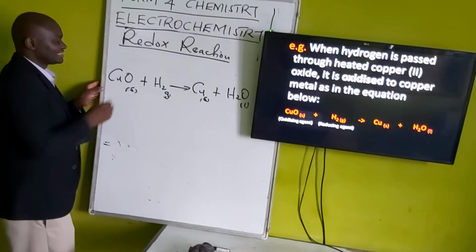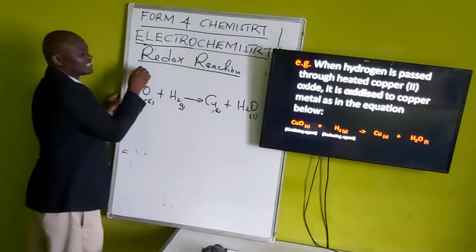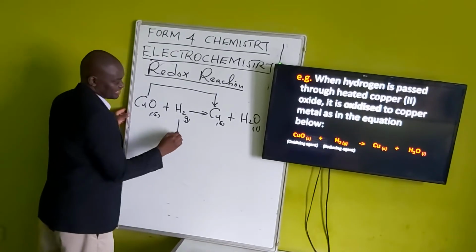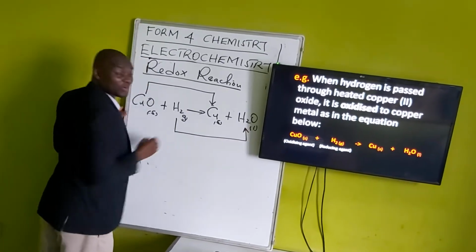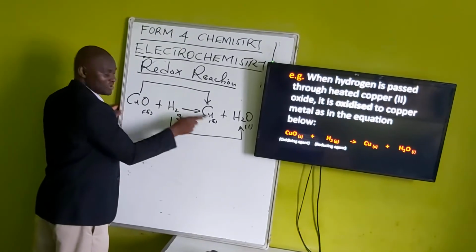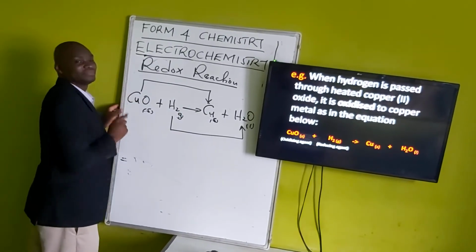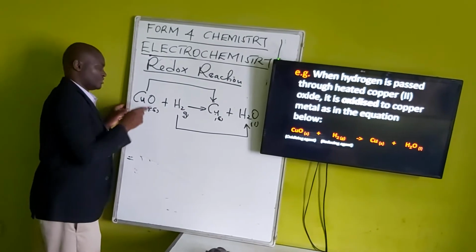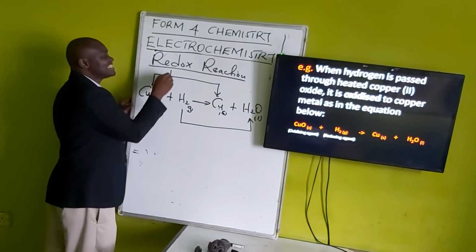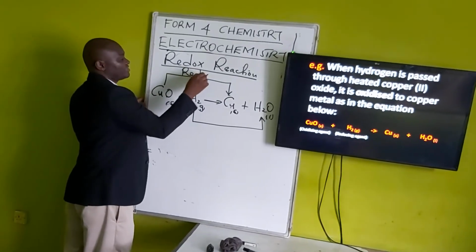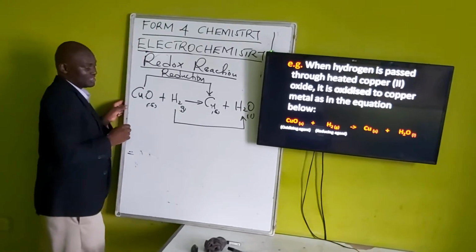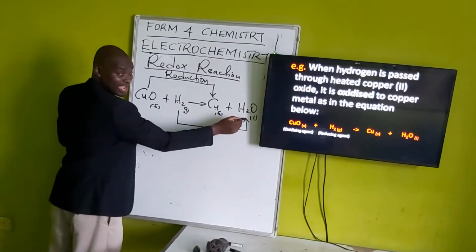So what happens? Copper II oxide is changing to copper. Hydrogen is being converted to water. For copper II oxide to change to copper, what have we removed? We have removed oxygen. Removal of oxygen from a substance is reduction. So copper II oxide is undergoing reduction. Hydrogen has changed to water.